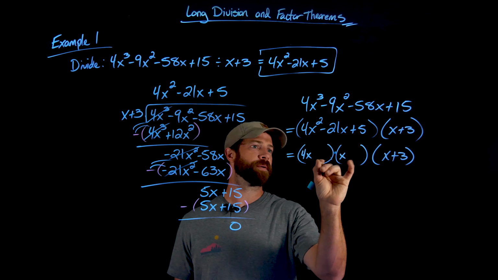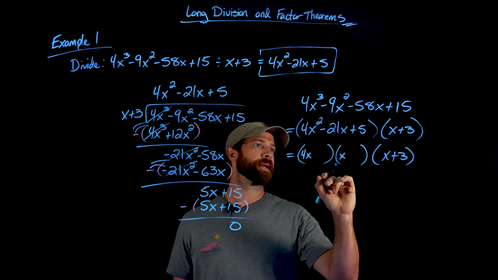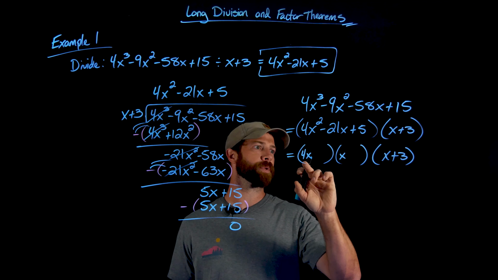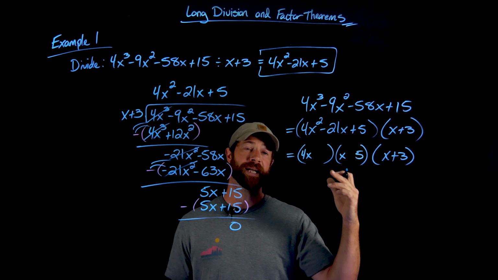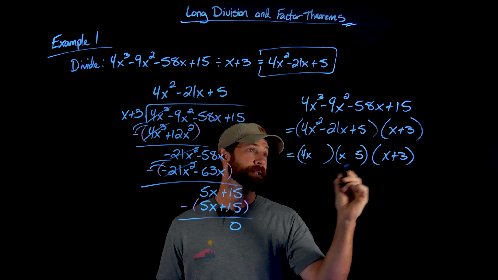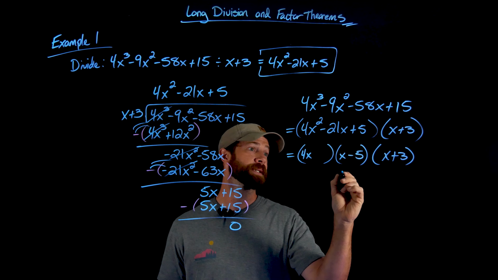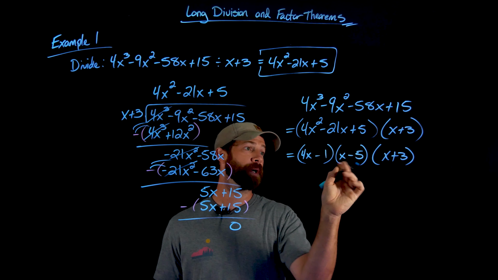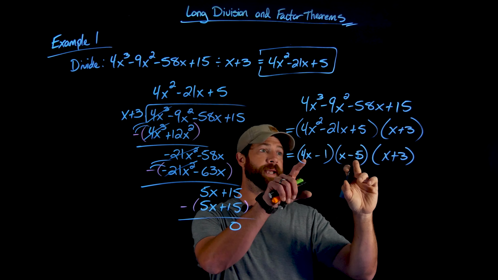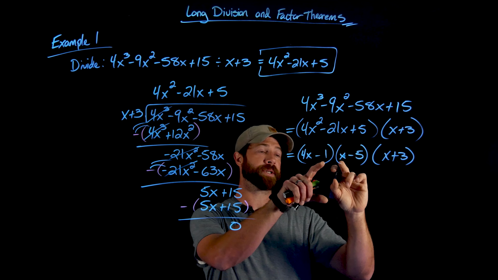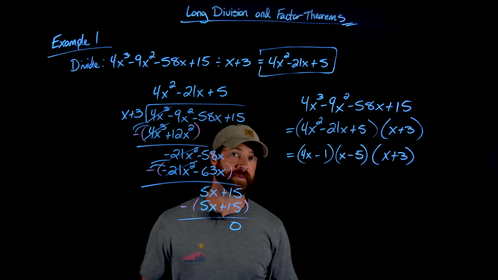For the 5, it would be a 1 and a 5. I'm going to put the 5 over here because the 4x times the 5 will give me a negative 20. That's going to get me really close to this negative 21. So I want a minus there, and then a minus 1, negative 1 and negative 5. And we get minus 20 and a minus 21. So this is the factored form there.